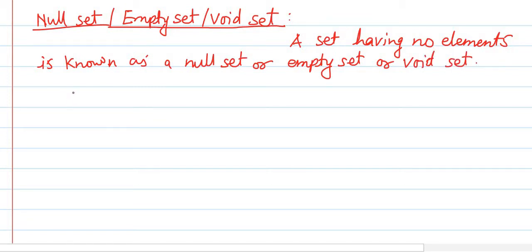And we reserve the Greek letter phi to denote the empty set. So the empty set is denoted by the Greek letter phi, or it is also sometimes denoted by empty braces.